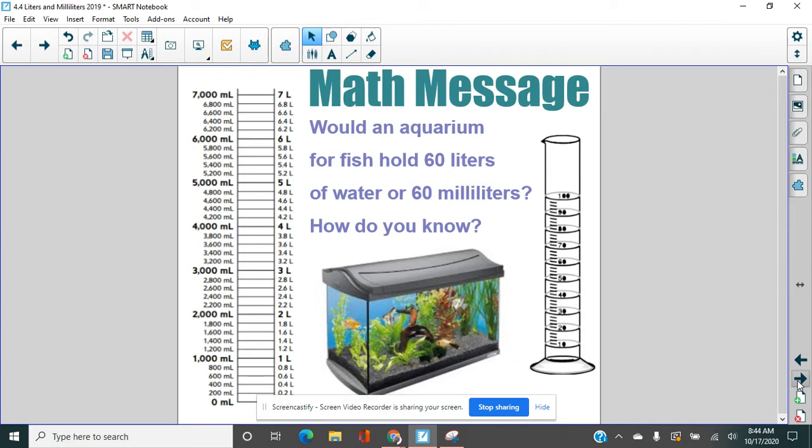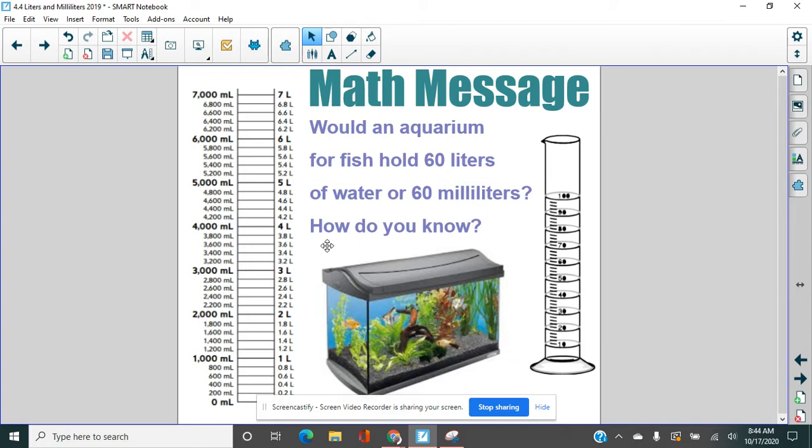So let's look at this. If we had an aquarium, where fish live, would we have 60 liters of water in that aquarium or 60 milliliters? Then we'll think about how we know. So let's first think about 60 liters or 60 milliliters. What do you think? We would have 60 liters.